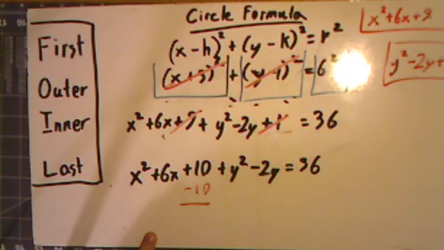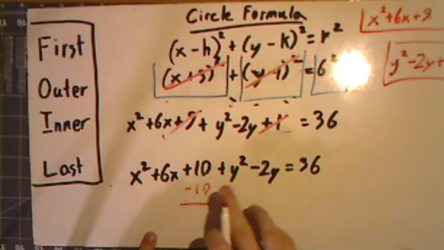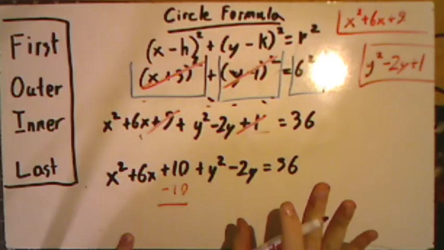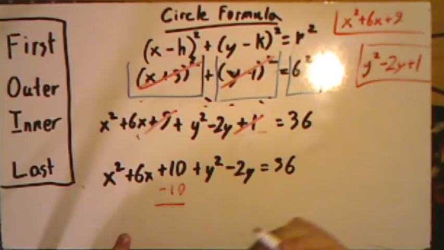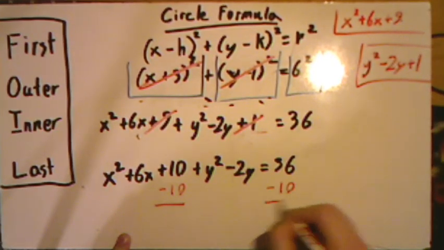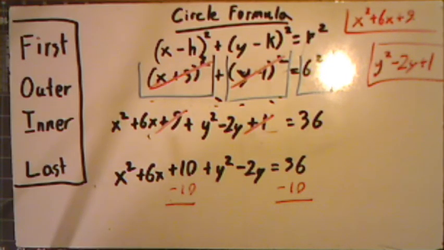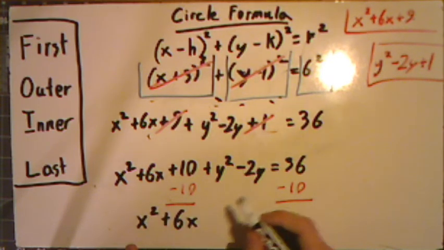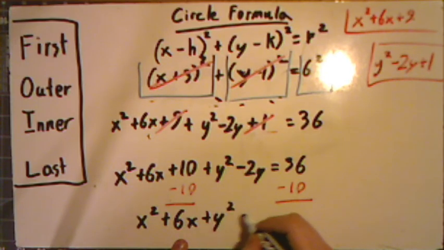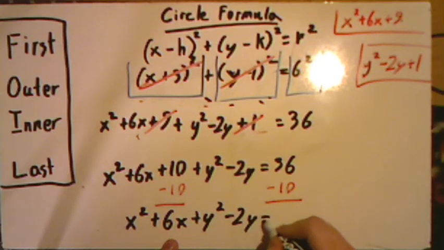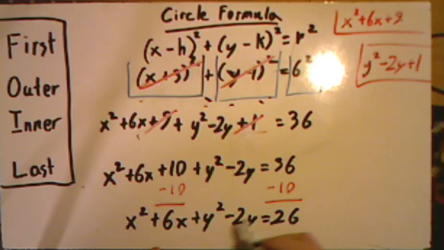So positive 10 minus 10 would give us a 0, and always remember, what you do to one side, you do to the other. So now we get left with an equation such as x squared plus 6x plus y squared minus 2y is equal to 26.